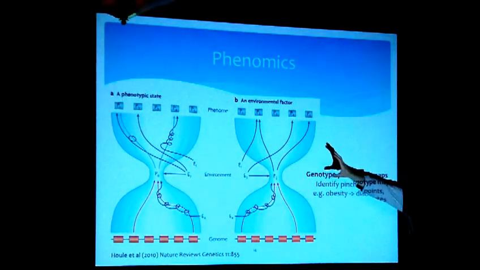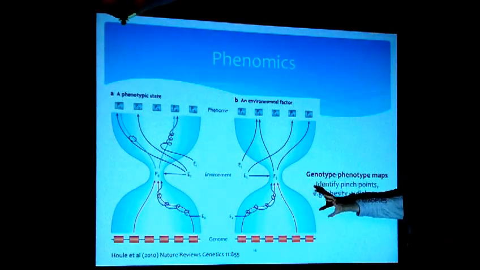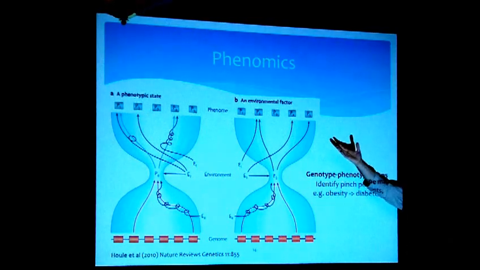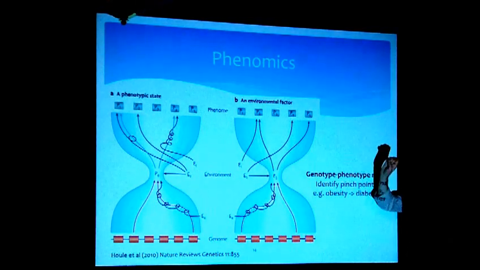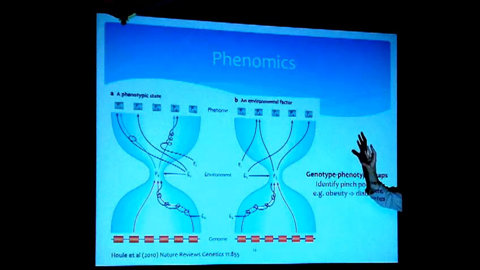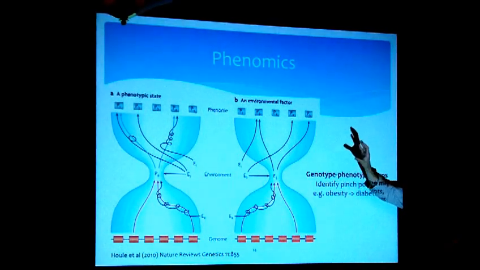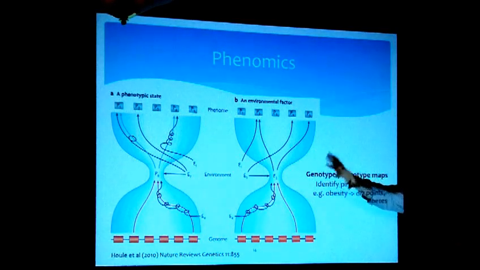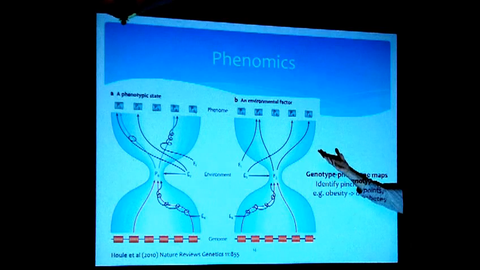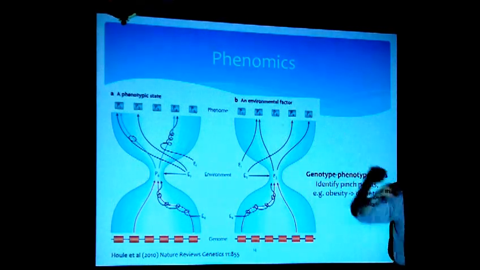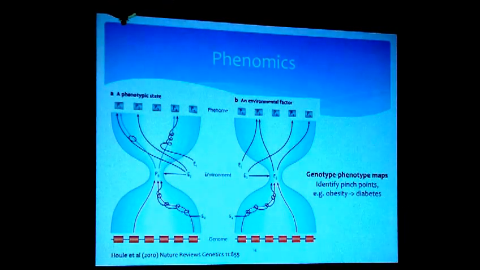The example that's given in this review is if you're interested in looking at diabetes, then one of the most interesting states that you can look at is an internal phenotypic state, which is obesity. If you're obese, you're much more likely to get diabetes out at the other end.